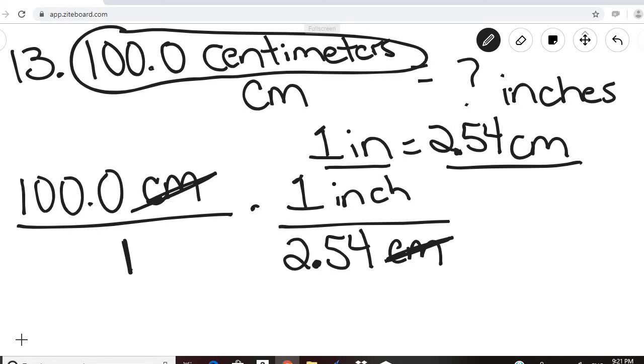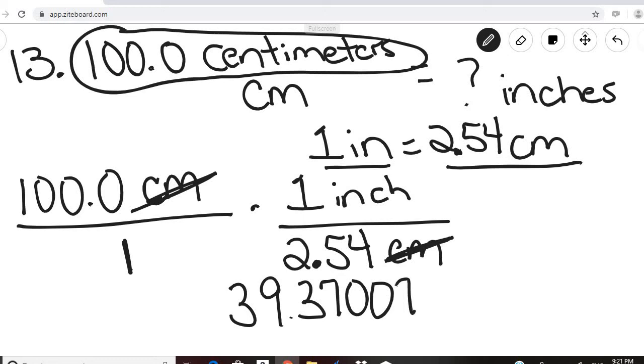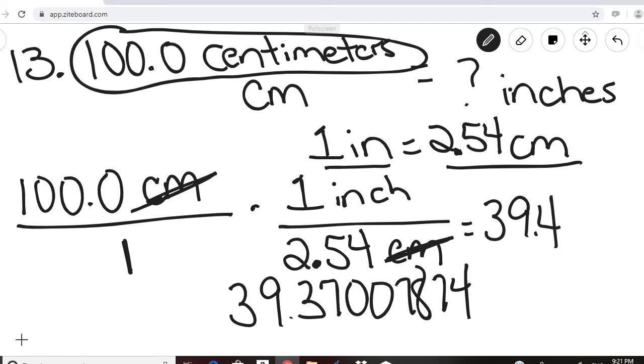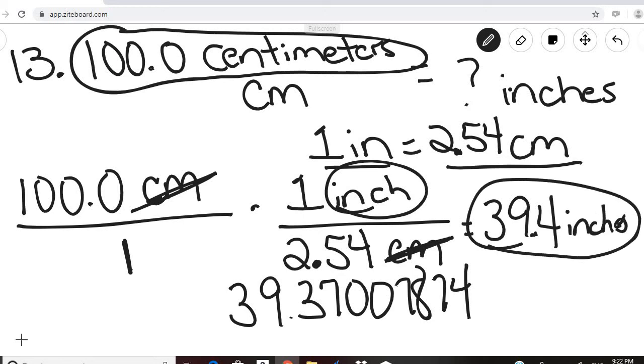So 100.0 divided by 2.54 equals 39.37007874. Okay, so you can round that off. We'll just say that it's 39.4 inches. Those are the units that we are left with, and that is the answer for number 13.